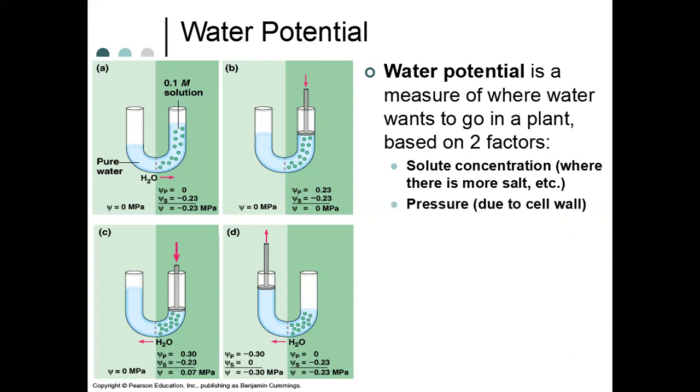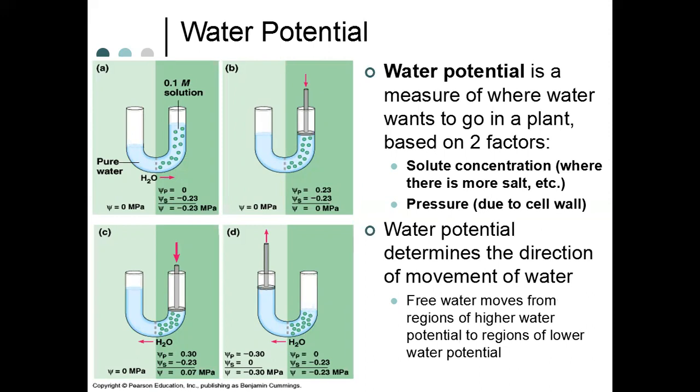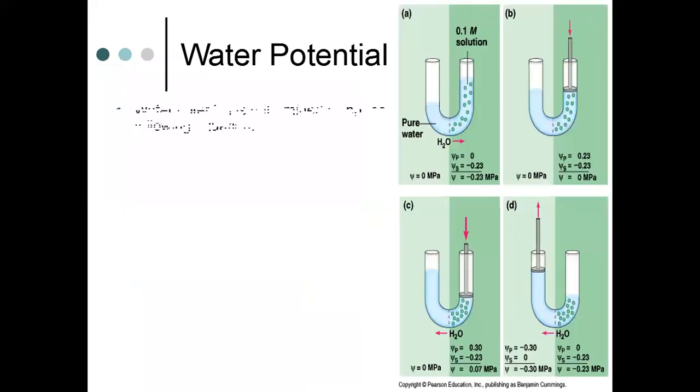The second factor is pressure due to the cell wall. Water potential determines the direction of movement of water. Free water moves from a region of higher water potential to a region of lower water potential. It is a basic rule.